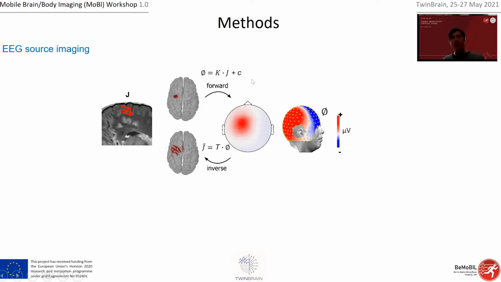So the forward model is very well defined because there are more sources than scalp electrodes. For just having a mathematical formulation, you can have as many sources as you want, and you still are precise in describing the scalp signal. But the reverse is not true.